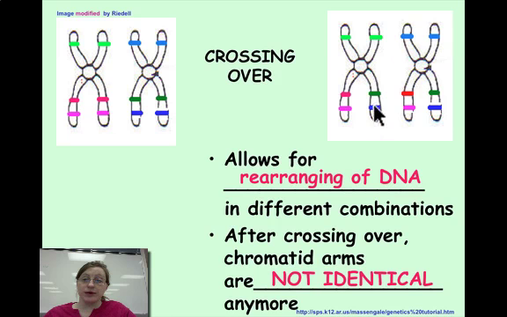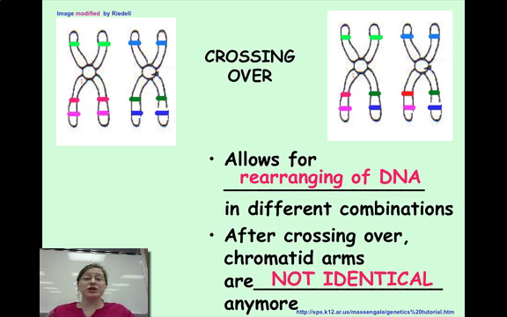This one would have blue, dark green, and green. This one would be pink, red, and blue. And this one would be blue, green, and blue. So we have created 4 different combinations. Again, the key purpose of that is to increase genetic diversity.